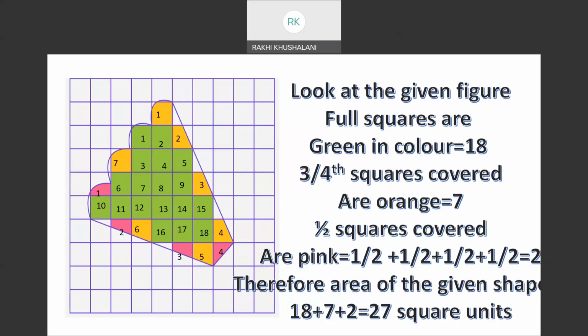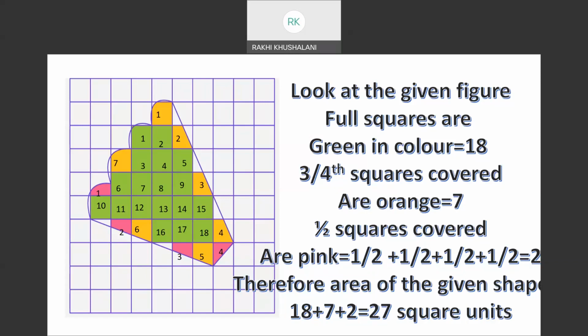Or you can just take half plus half plus half plus half is equal to 2. Therefore, the area of the given shape will be 18 plus 7 plus 2, which gives you 27 square units.